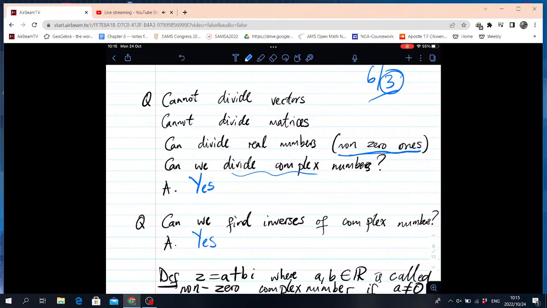In fact, if you think of a multiplicative inverse of a real number, you want the real number to be non-zero for you to be able to find the inverse. So likewise, for us to find inverses of complex numbers, we also want non-zero complex numbers.